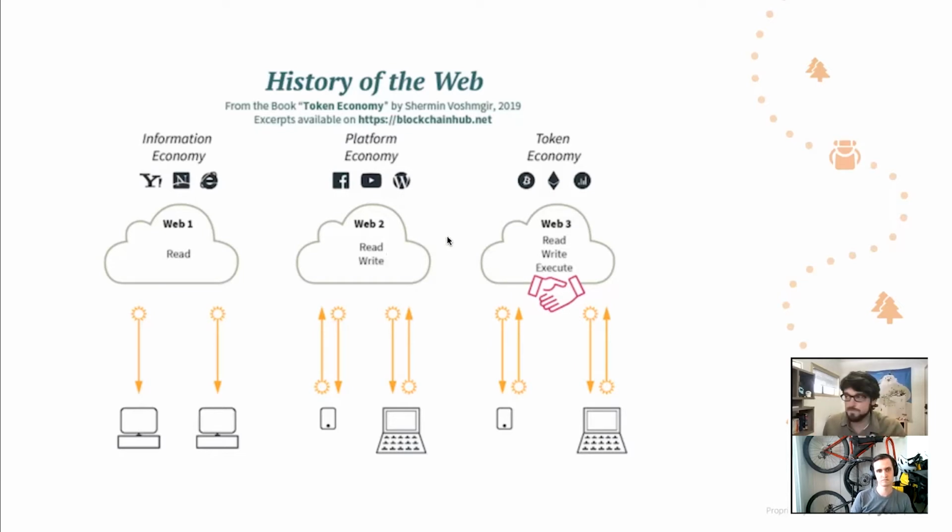and then people could consume it. What is happening now, and what Web3 is, is read, write, execute, or like Will and I were talking about before, read, write, own. There's an ownership model and a way of executing actually on the internet rather than on servers.